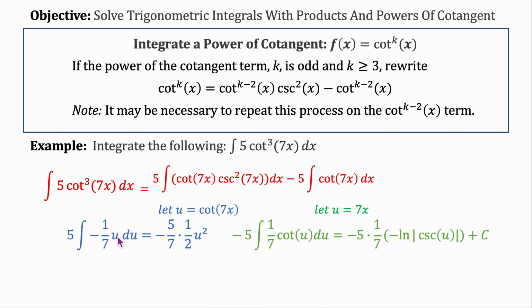This one would be negative 5/7 times 1/2 u squared. For this one, we can use the rule that the integral of cotangent is negative natural log of the absolute value of the cosecant. So this piece becomes negative 5/14 cotangent squared of 7x, plus 5/7 natural log of the absolute value of the cosecant of 7x. Don't forget your plus c, because this is an indefinite integral.